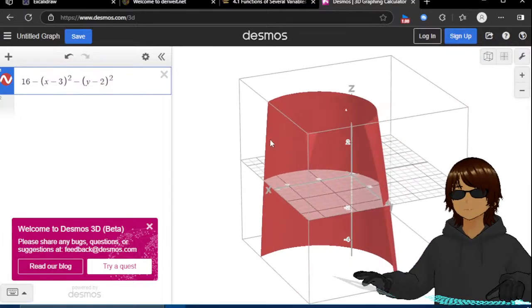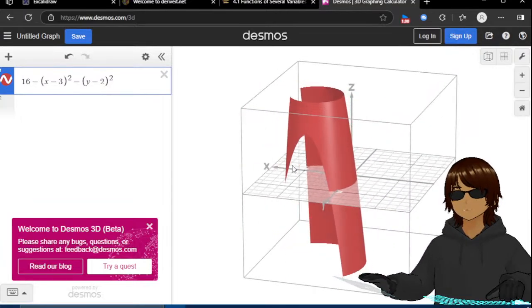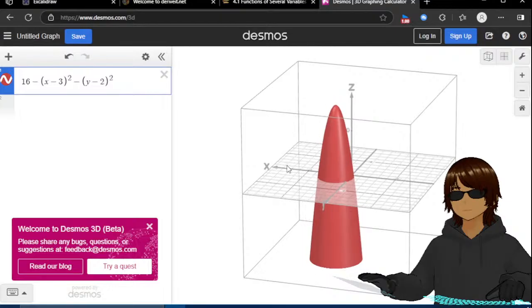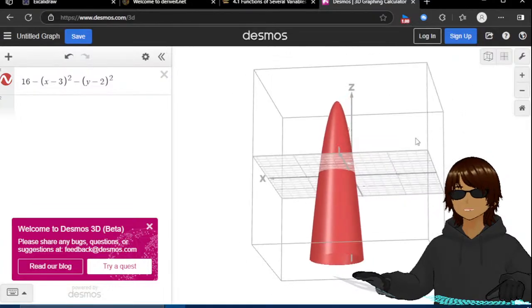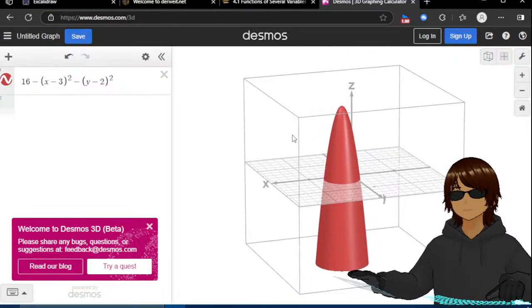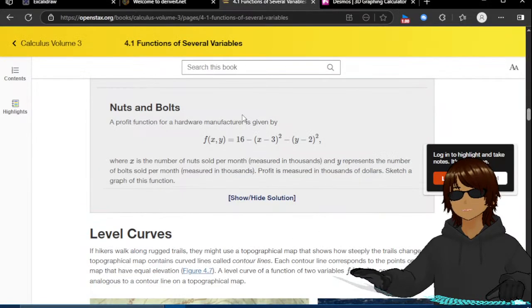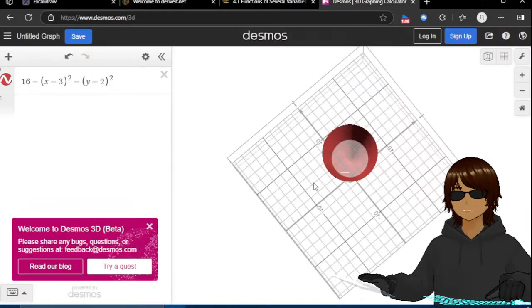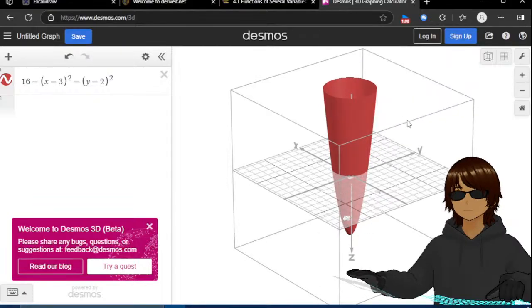Okay, so it's not a sphere. This is also like a parabola. And since it's dollars, assuming they would both be positive, right?